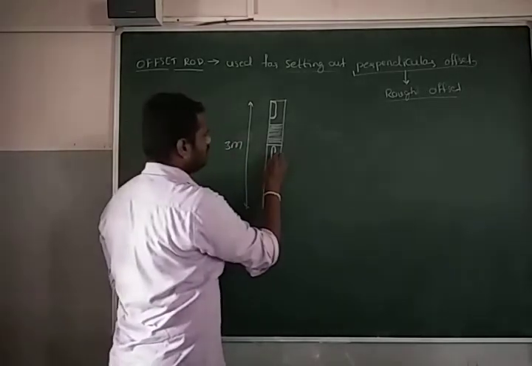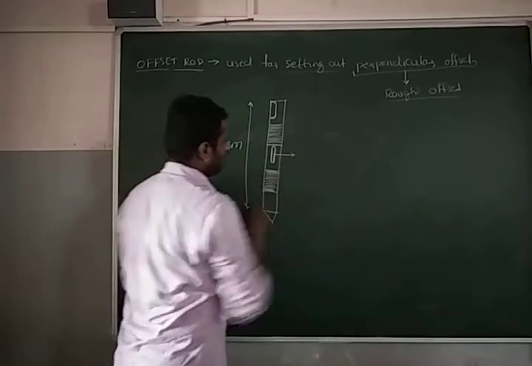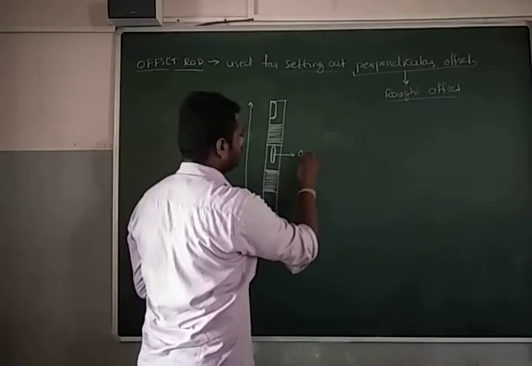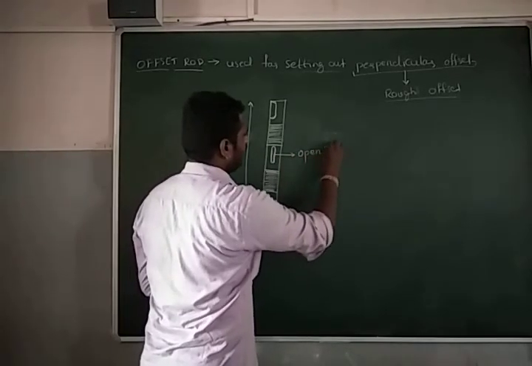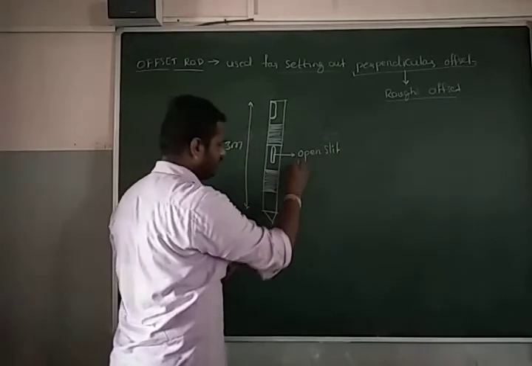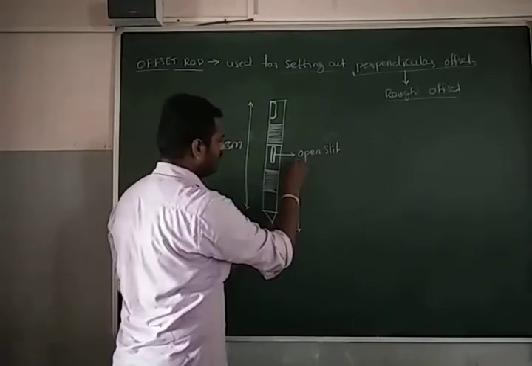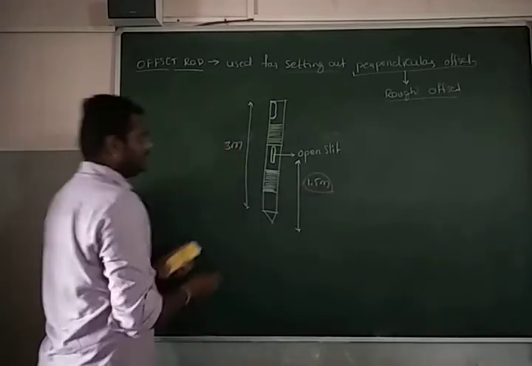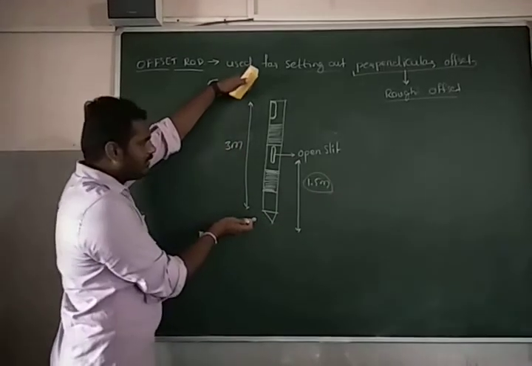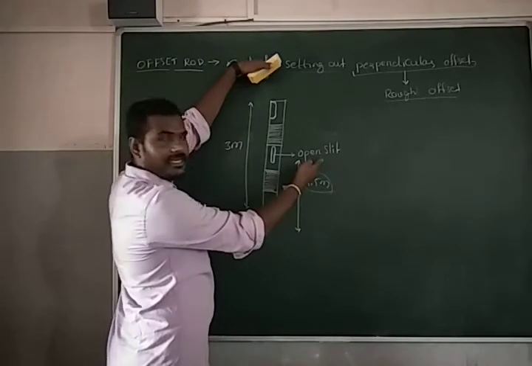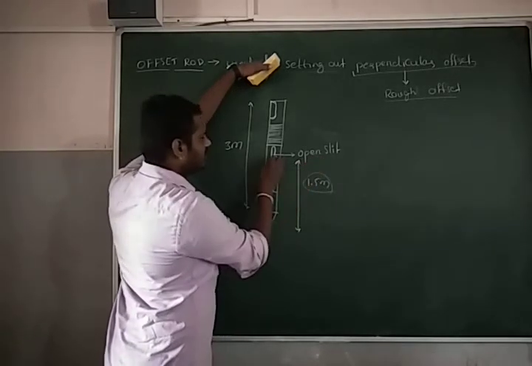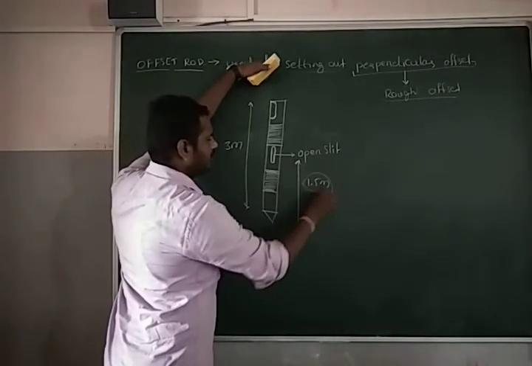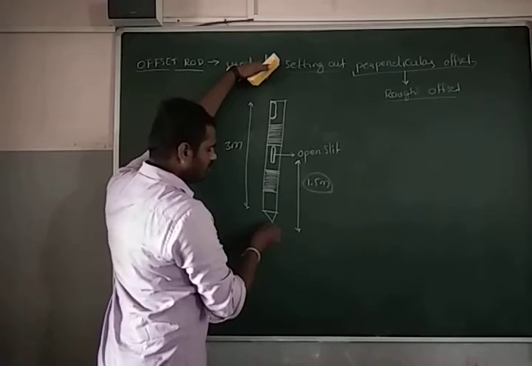Therefore, this open slit is located at a height of 1.5 meters. Simply at the middle of the offset rod, the open slit is arranged, at a distance of 1.5 meters from the bottom, from the sharp edge.